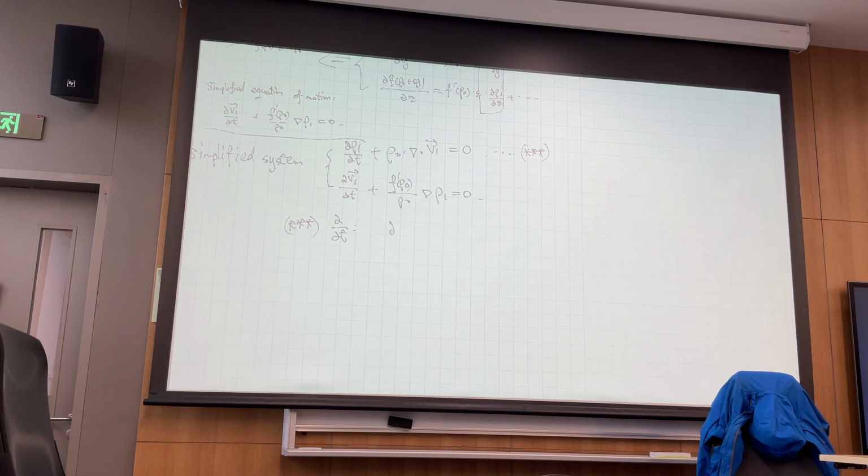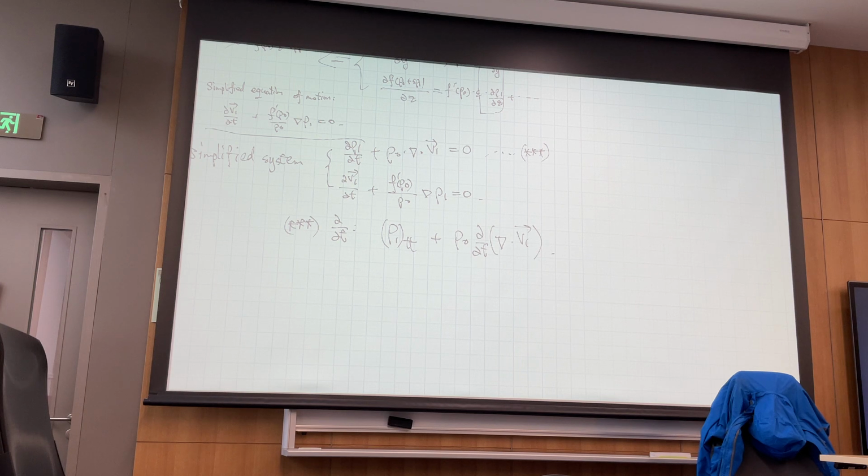First of all, rho 1t now becomes what? Rho 1tt, right? And then plus rho 0, and now it's partial t of the divergence of v1.